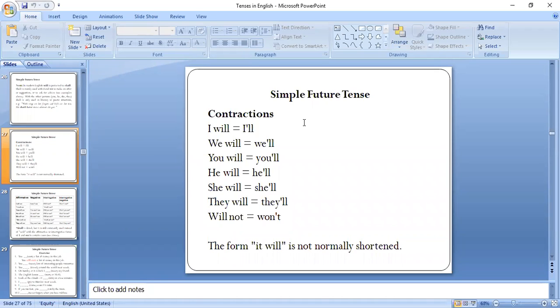Okay, only we have to contract that word, and we have to write I, then an apostrophe, and double L. This is the contraction of I will. Then we will, its contraction is we, apostrophe and double L, that is we'll.